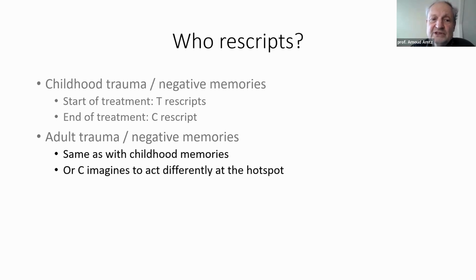Or the client imagines, not changing perspectives, but acting differently at the most difficult moment. And this is more useful for relatively recent images. Recent traumas or negative experiences. So let's say somebody had a negative experience a year ago, then you might use that second option.